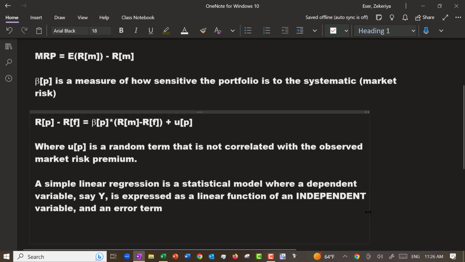So y, let's call that yt for time, is equal to some alpha plus beta times xt plus some ut.